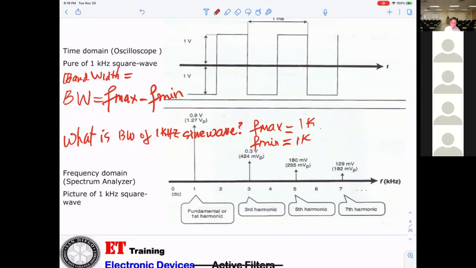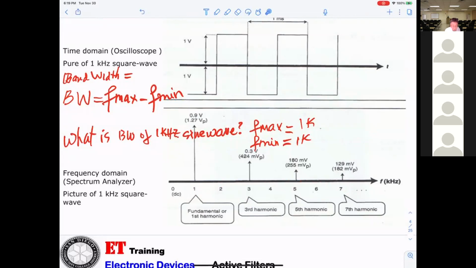Okay. Now, when you go to the spectrum analyzer, they display 1K, 3K, 5K, 7K. So basically, this is a 1 kilohertz signal, and they will vary with the frequency.